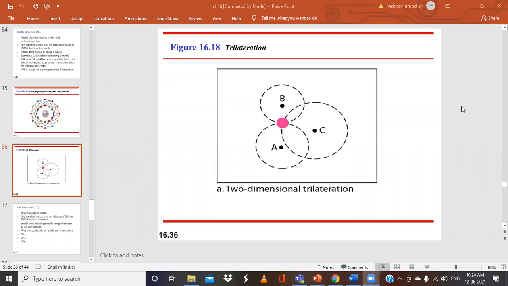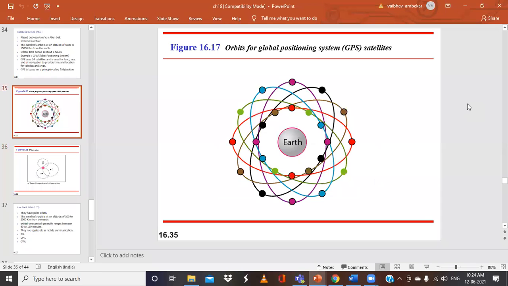Sir. Yeah. Sir, what is orbital time period? Yesterday we discussed what is the period. How much time it will take to rotate. Okay, yes sir.